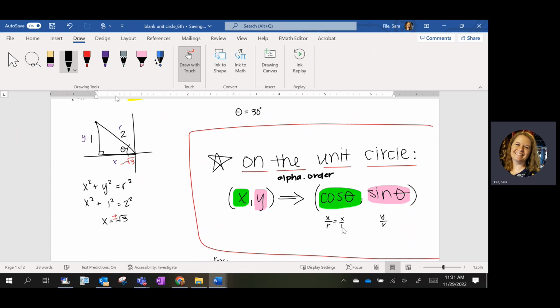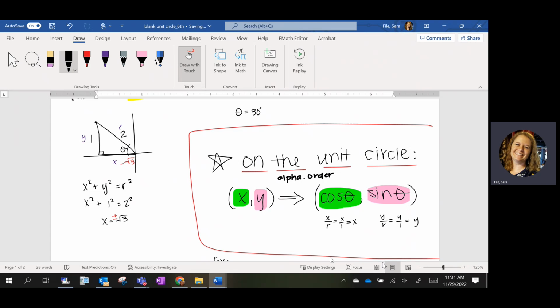So if I put X over 1, that's just X, isn't it? So that's why cosine is X. Okay. If I put Y over 1, that's just Y. Sine of theta is the Y value when you're on the unit circle, because on the unit circle, R is 1. Y'all with me on that?